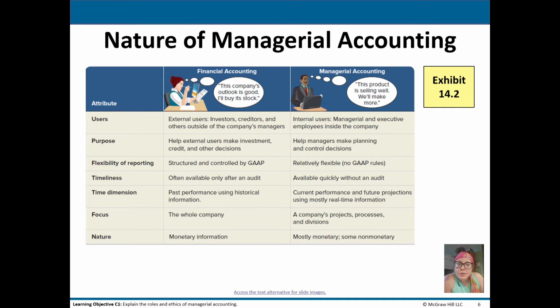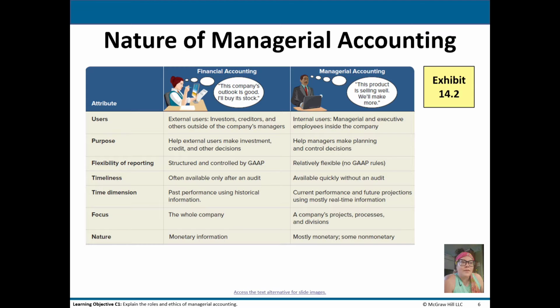There's also the purpose of the information. The external users of financial accounting information often decide whether to invest or lend money to a company, whereas internal decision makers use the information to understand, analyze, plan, and control all the company's internal activities.